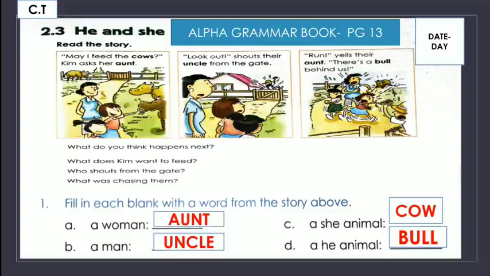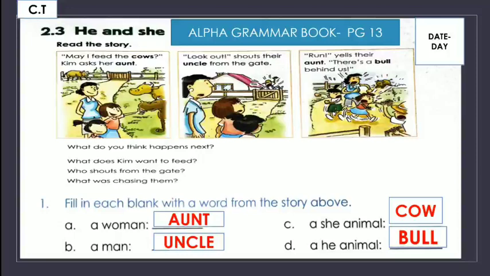We use uncle for the male member, so it's a masculine gender, so we use he. Run, yells their aunt. Aunt again is she. There is a bull behind us. So, bull is he because bull is a masculine gender.